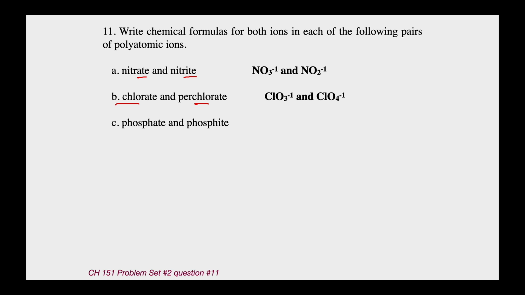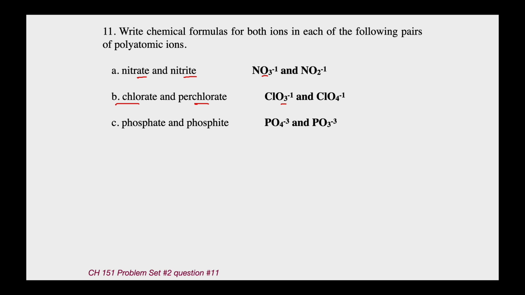Phosphate and phosphite, phosphorus is the key, is the central atom. And ATE and ITE means, of course, there's going to be oxygen. Now, notice how the last examples, nitrate and chlorate, the ATEs had 3 oxygens. And I'd love to tell you that phosphate with an ATE ending had 3 oxygens too, but that's not the case. The most common form of the polyatomic ion is the one that gets the ATE ending. And several of the ATE endings don't have 3 oxygens, they have 4 oxygens.